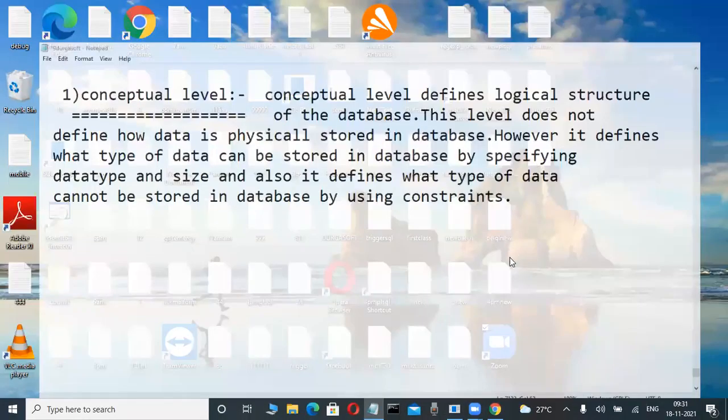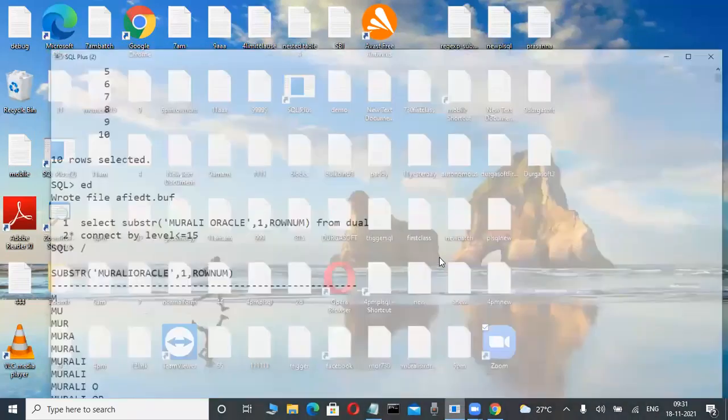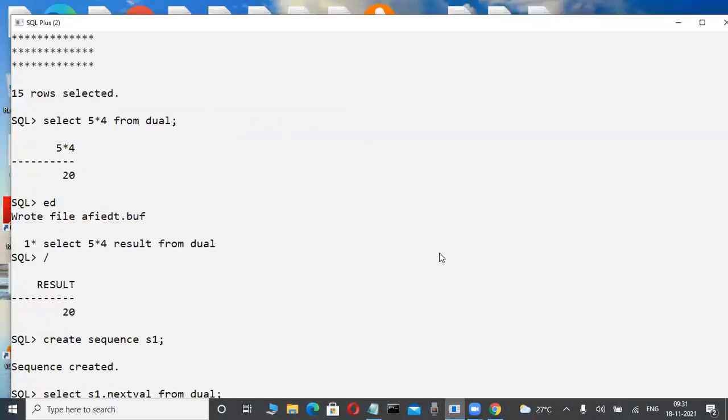Suppose now, for any example, this is Oracle only. On the Oracle side, for example, bank is a table.